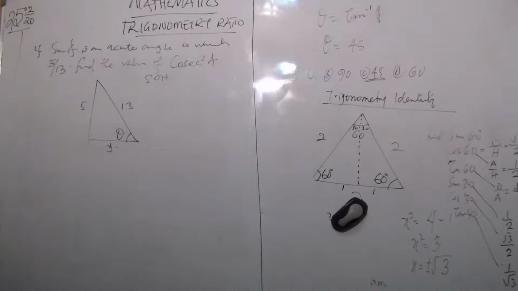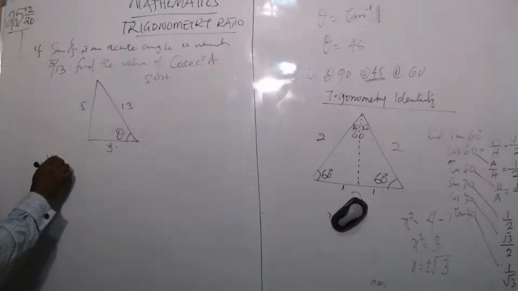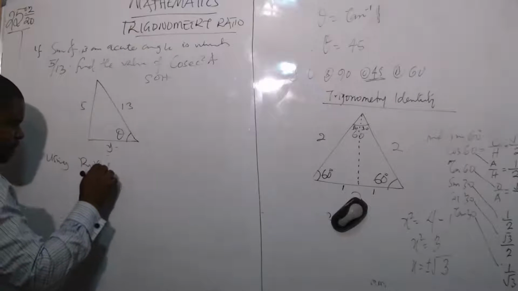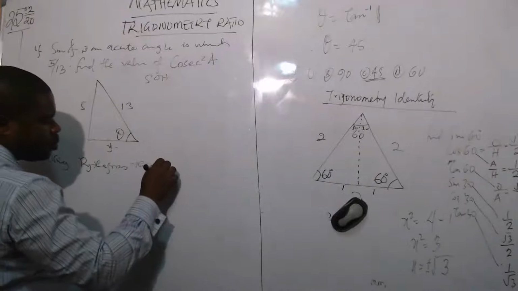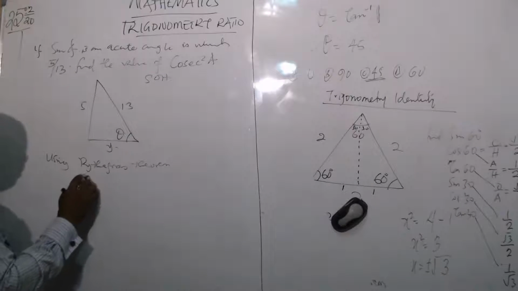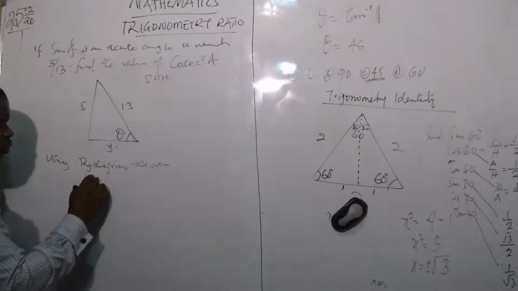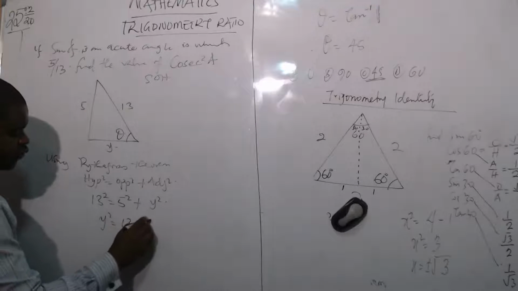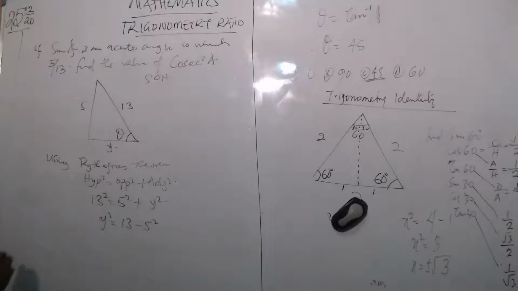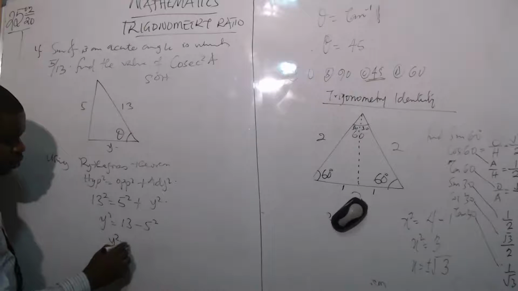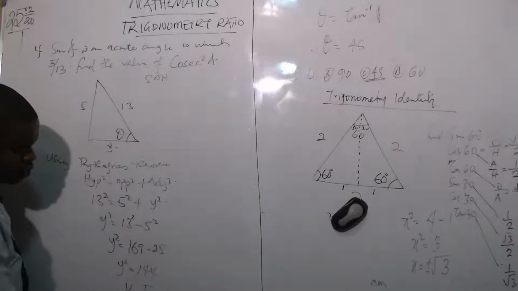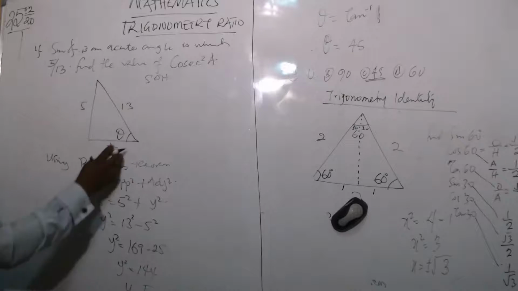We don't know this side; we're looking for Y. To get Y, we use the Pythagoras theorem. Hypotenuse squared minus opposite squared: Y squared equals 13 squared minus 5 squared. I'm bringing this one to this side. So Y squared equals 144. Therefore, Y is equal to plus or minus 12. So that's the value of Y.